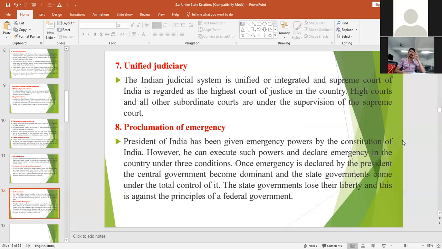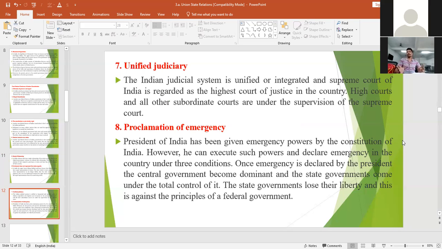Each state has its own high courts, but the Supreme Court is applicable over all the states. The high courts and other subordinate courts work under the supervision of the Supreme Court.